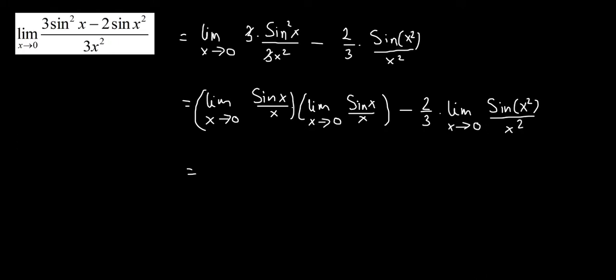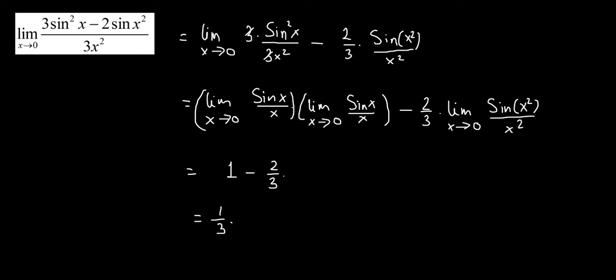So the limiting value of sine x over x is going to be 1. So we have 1 minus 2/3 of the limiting value of sine x squared over x squared, which is also going to be 1. So this is going to give us 1 over 3. So this is the limiting value of the given function when x approaches 0.